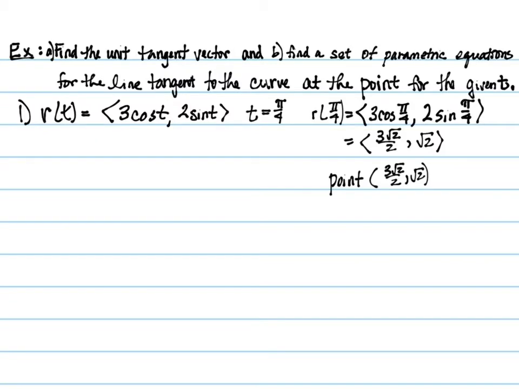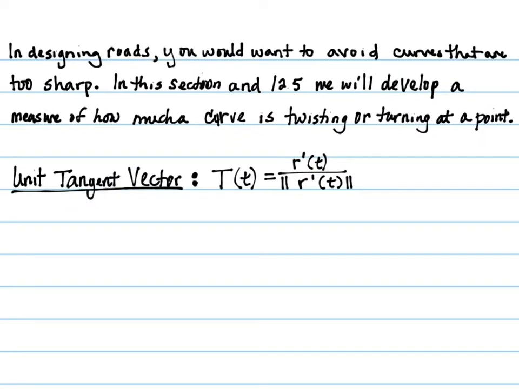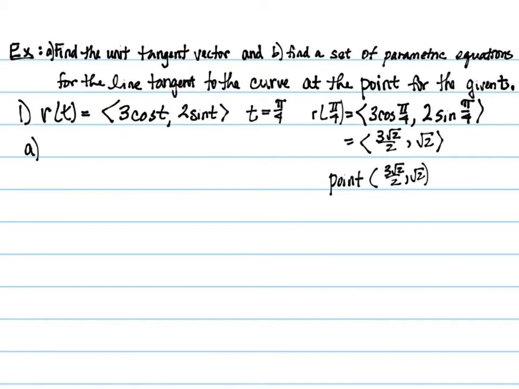Let's go back to the first part of the directions, though, for part A. Part A asks us to find the unit tangent vector. So our unit tangent vector involves us finding the derivative of our vector itself. So what is r prime of t here? Negative 3 sine t and 2 cosine t.